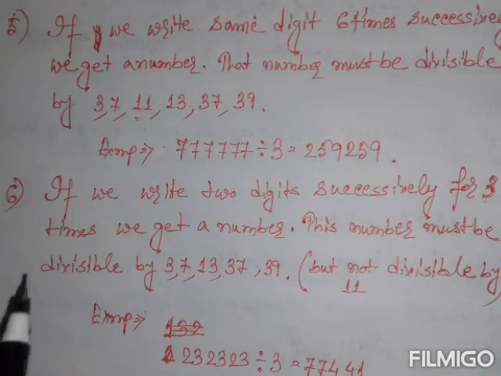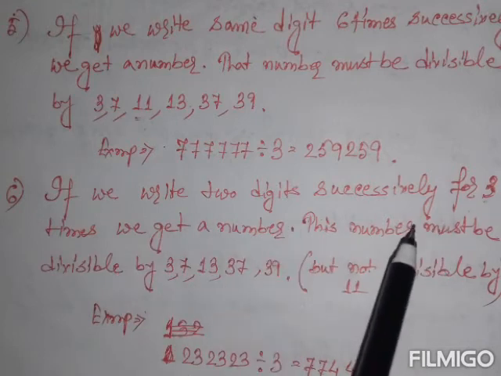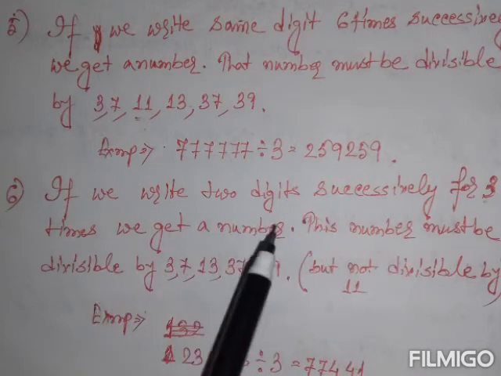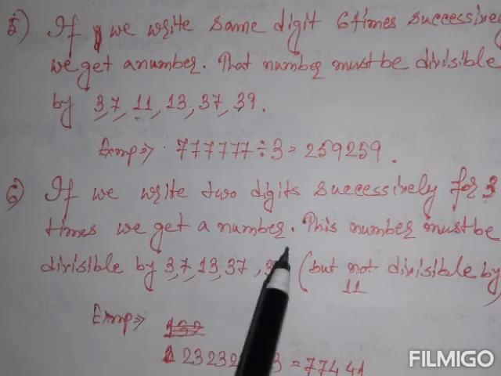Now number 6. If we write 2 digits successively for 3 times, means 121212, 595959, this kind of things, we get a number.